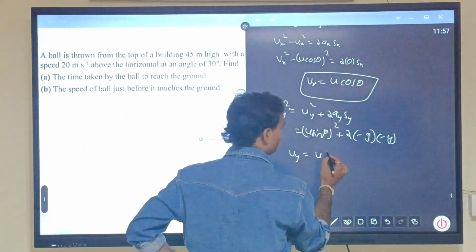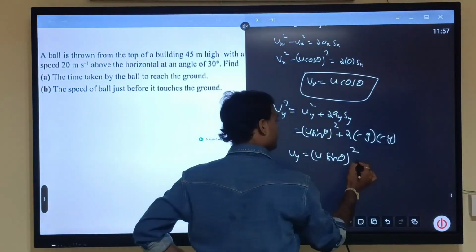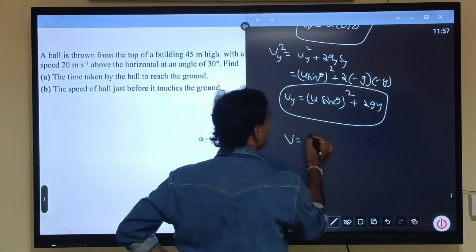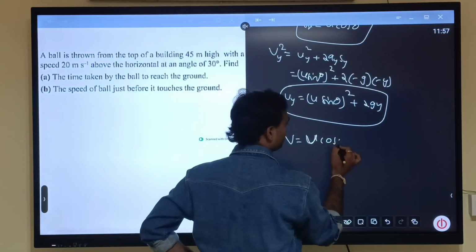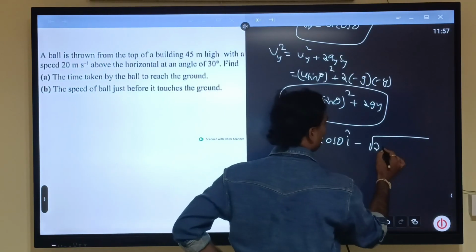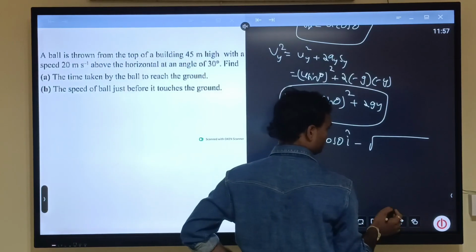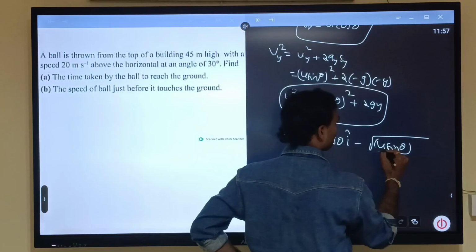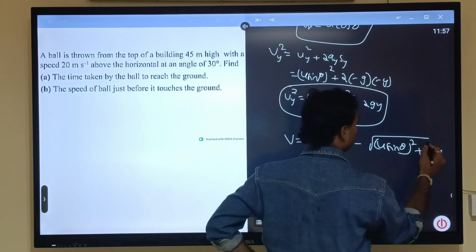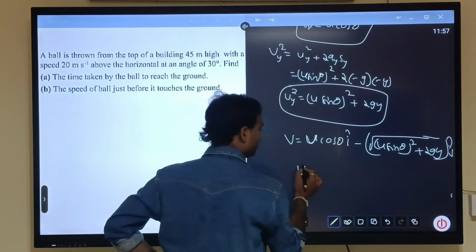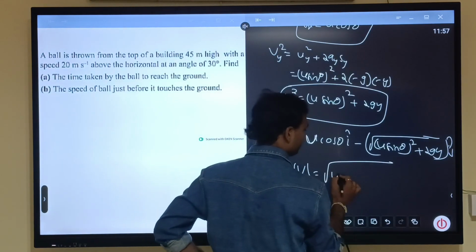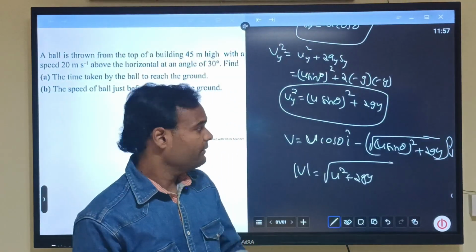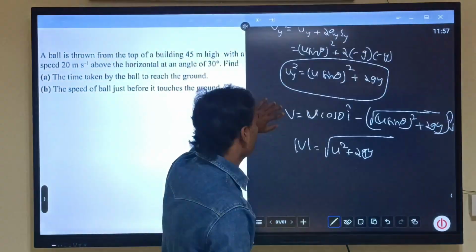Then Vy equals under root of u sin theta square plus 2gy, right, and ultimately V equals u cos theta i minus under root of u sin theta square plus 2gy j. Then the magnitude is, as we discussed, u square plus 2gy, according to the concept we already discussed, so that's why I am writing it directly.